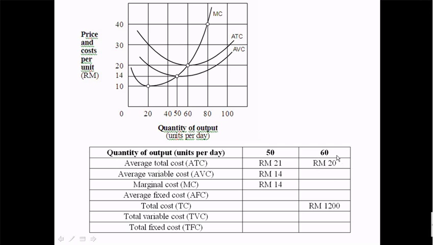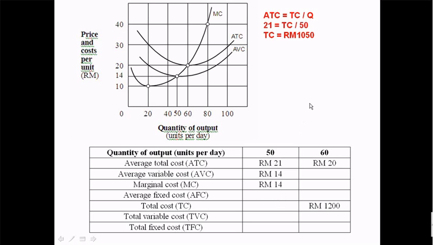If you times with the quantity of 60, that's how you can get this total cost of 1,200 ringgit. We can also apply the same concept here. If the average total cost is 21 ringgit, if we times with the quantity of 50 units, then we should be able to get this total cost.